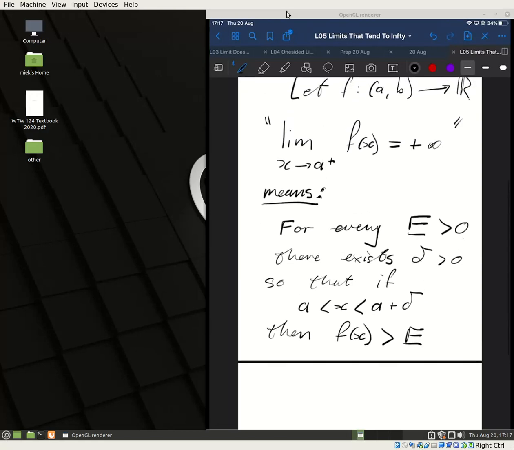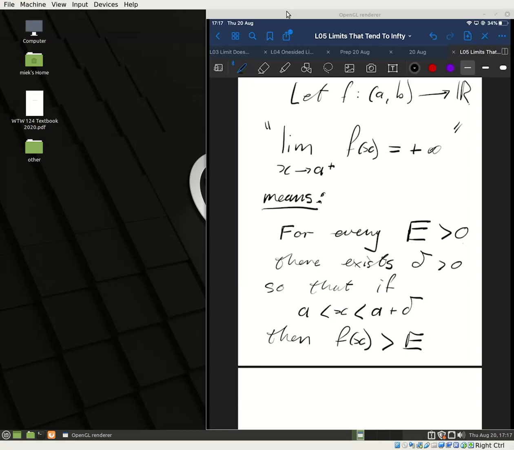So let us pause here. What is different to the usual definition? In the usual definition we used an epsilon for every positive epsilon. Here we use a capital E. Why do we use a capital E? This is just a mnemonic device for remembering when things actually get interesting.